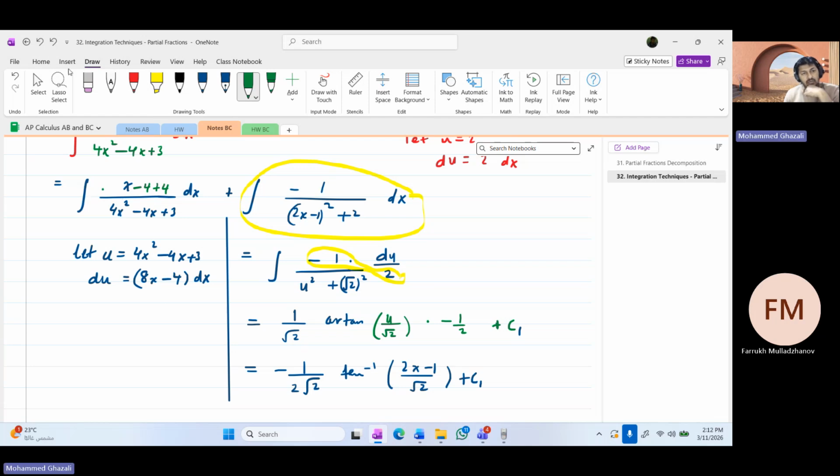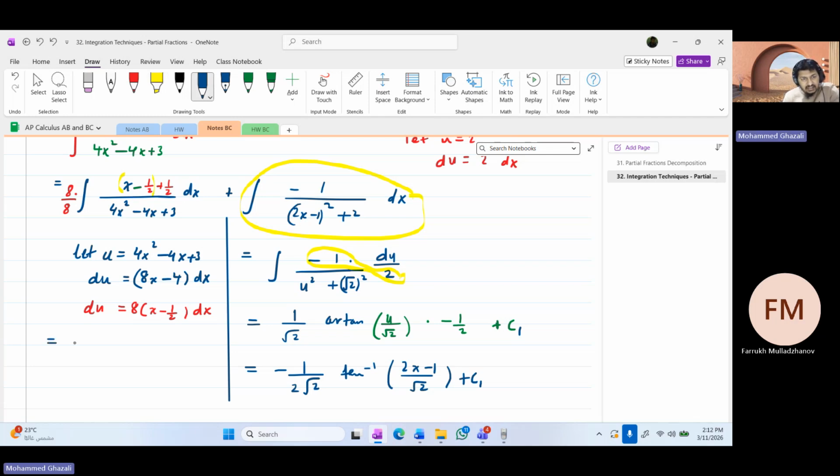I need 8x minus 4, which means that if I take out 8 as a common factor, that's x minus half dx, which means that I need to minus half and add half. And then if I multiply it by 8 over 8, that's how I'm going to get 8x minus 4. So I'm going to group these two up and I will get 8x minus 4.